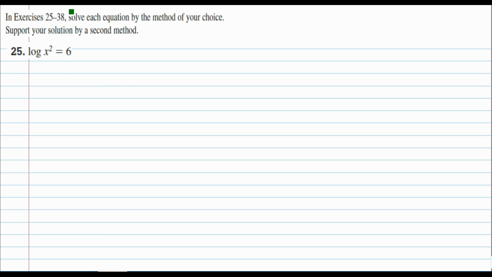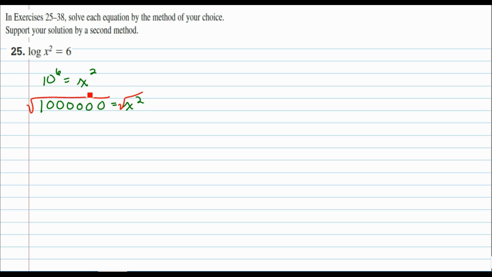I'm going to start by changing this into an exponential equation. So the base of my log is 10. The logs find exponents, so the exponent of the base is going to be 6, and then that will equal x squared. 10 to the 6th is 1, 2, 3, 4, 5, 6 zeros. Take the square root of both sides.